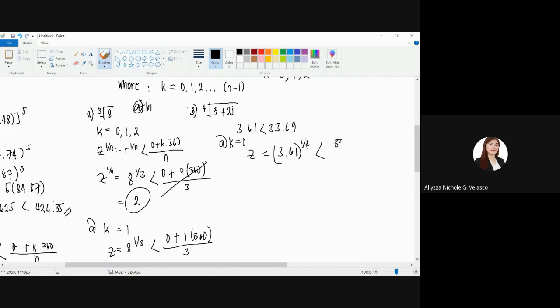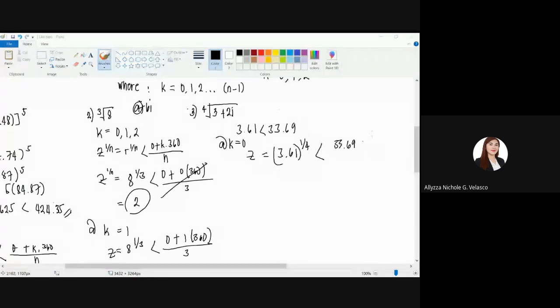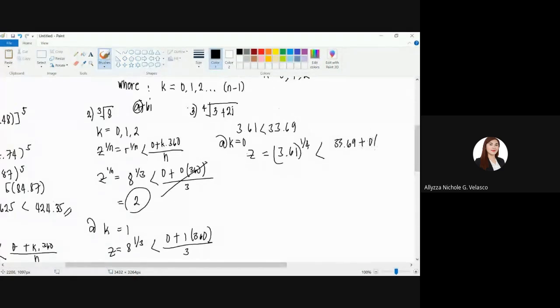So we have 33.69 plus 0 times 360 over n natin na 4. So that is equal to 3.61 raised to 1 over 4.